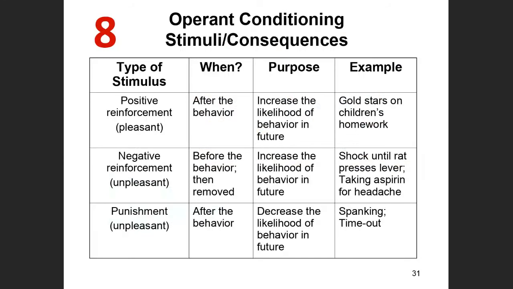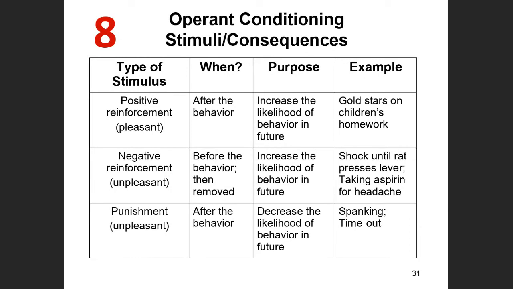When you're trying to figure out whether something is a positive reinforcement, a negative reinforcement, a punisher, or a consequence, what you have to do is look at when the consequence or the stimulus is introduced and what its purpose is, and then I've got some examples on there.